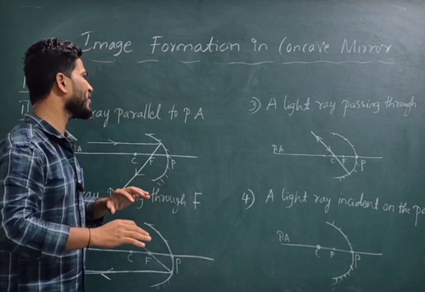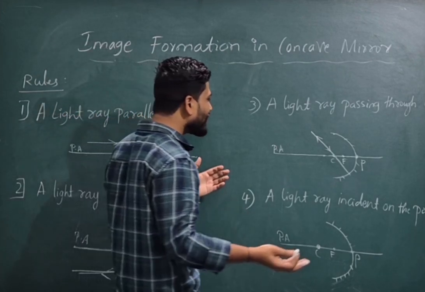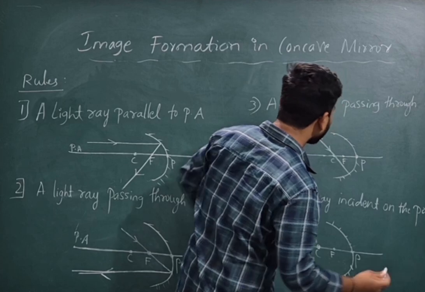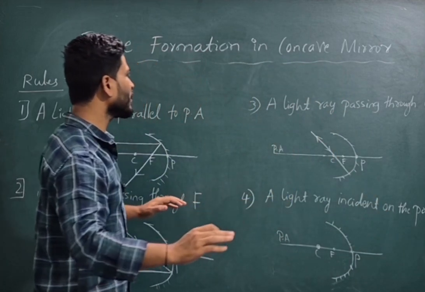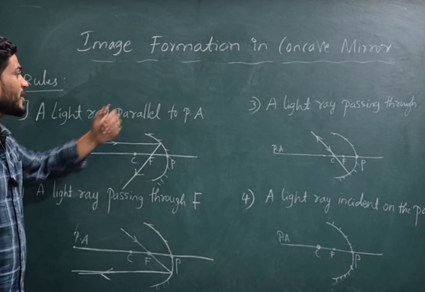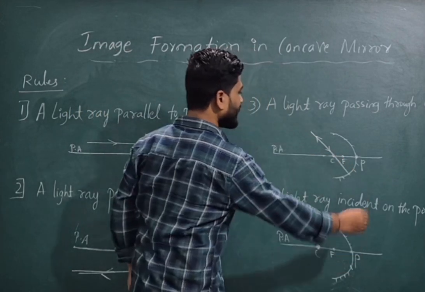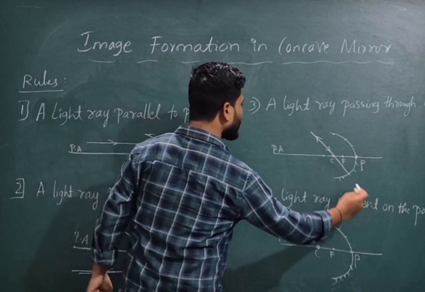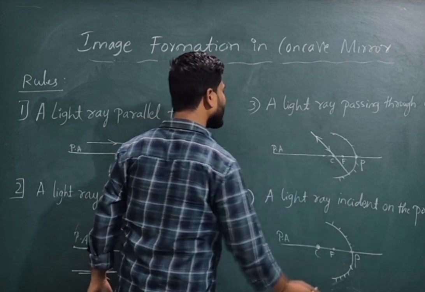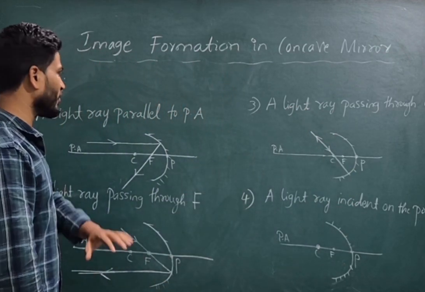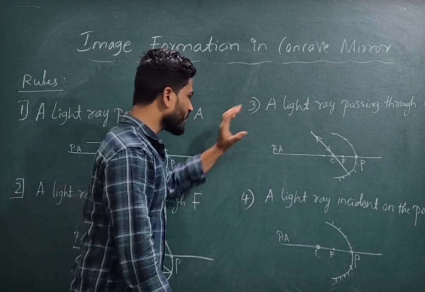Everything will be quite normal. It will be going and then coming back. It will go in this way, hit the reflecting surface, and go back along the same path by which it came initially, right? This is all about the third rule.